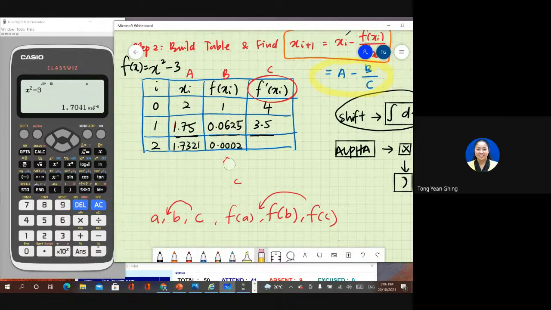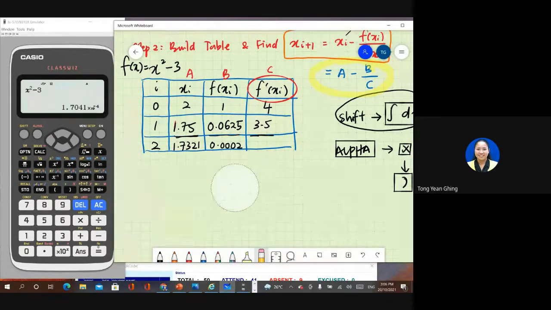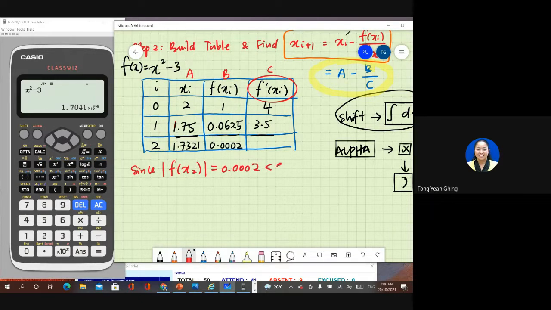So kita akan tulis fx2 is equal to 0.0002 less than epsilon 0.005.